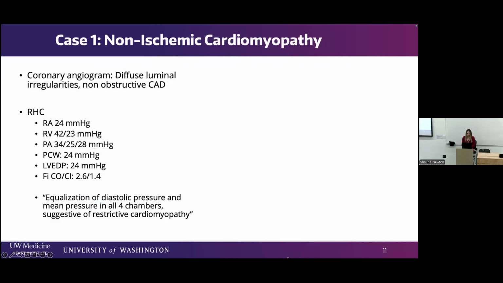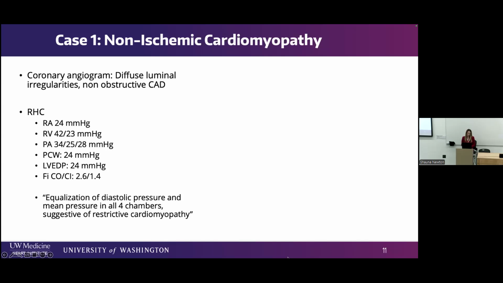So what happened at the outside hospital? She gets a coronary angiogram, which showed diffuse luminal irregularities and non-obstructive coronary artery disease. Her right heart cath numbers are here. We can see that she has elevated biventricular filling pressures, and her cardiac index is low at 1.4.